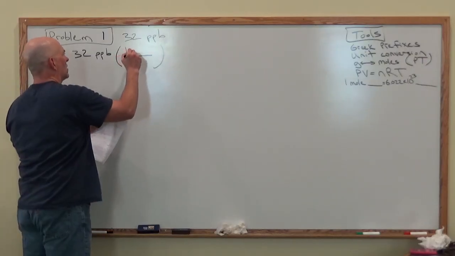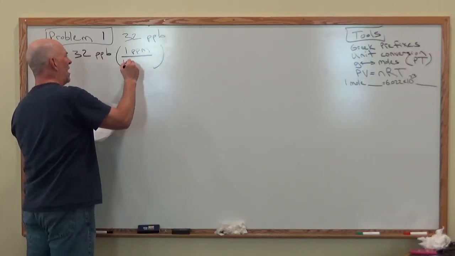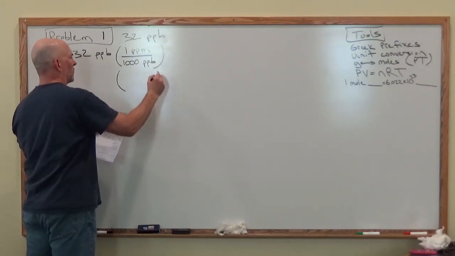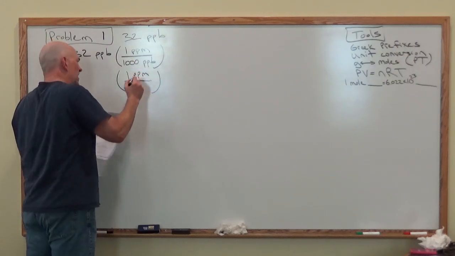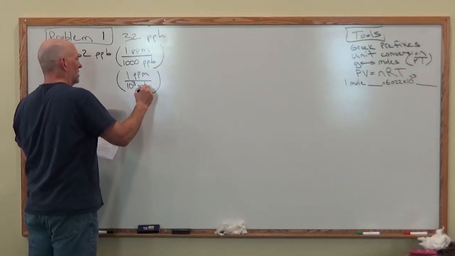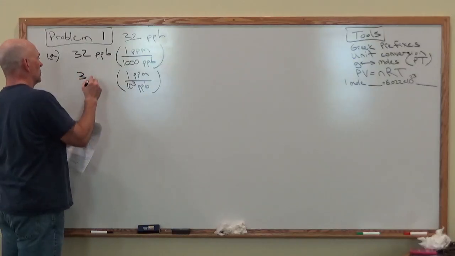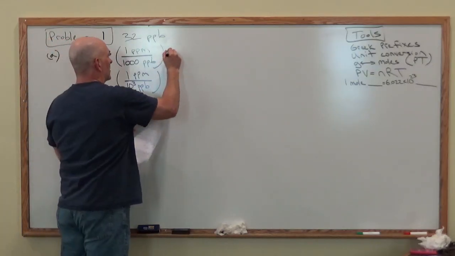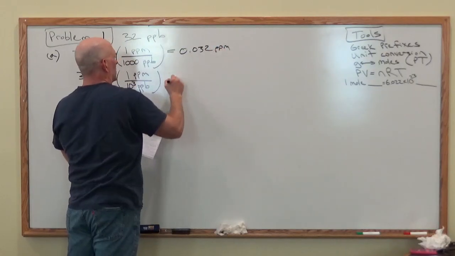So one part per million is going to be the same thing as 1,000 parts per billion, or if you prefer scientific notation, that's just the difference between a million and a billion. So it doesn't matter which conversion you use, you get the same answer. You get 0.032 parts per million.